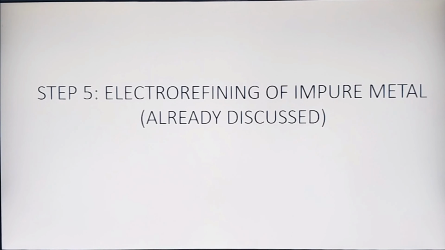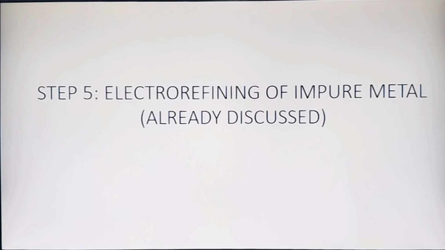Okay. So here we have completed all the 5 steps of metallurgy. Clear? So what are the 5 steps of metallurgy? Whenever we are extracting a metal, these are the 5 steps that we will be following. Step 1 is crushing of the ore. What is the technical term given to it? Pulverization. Step 2, what do we try to do? We try to dress the ore, or it is called concentration of the ore.